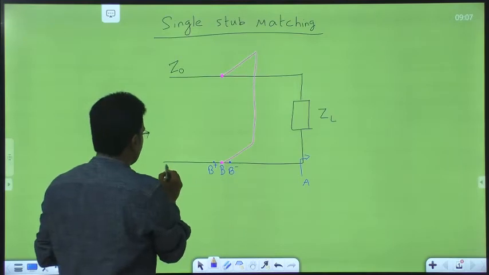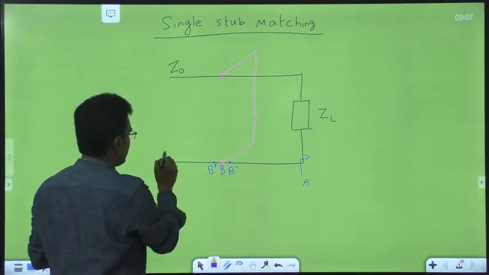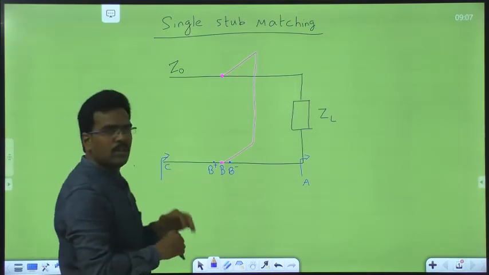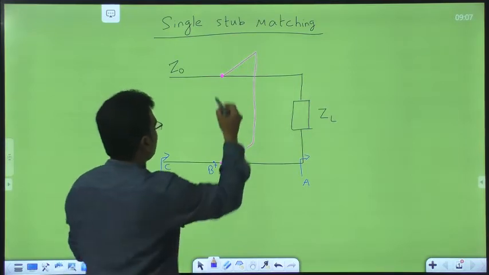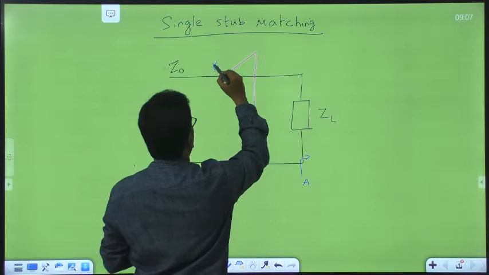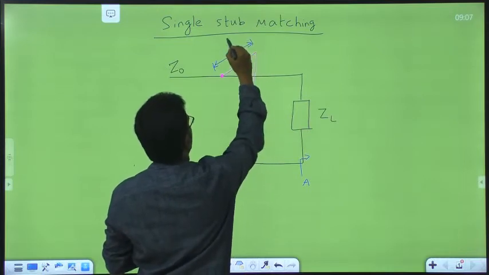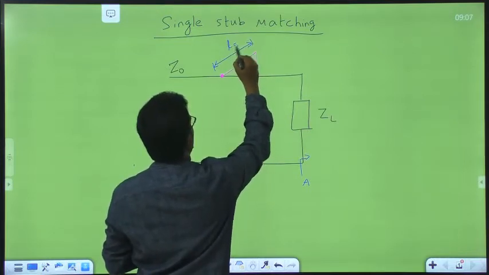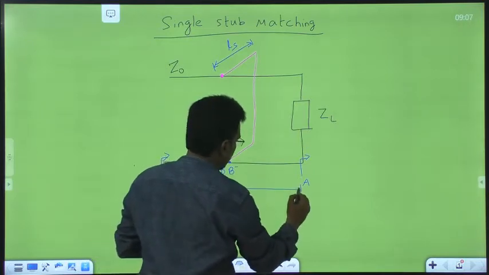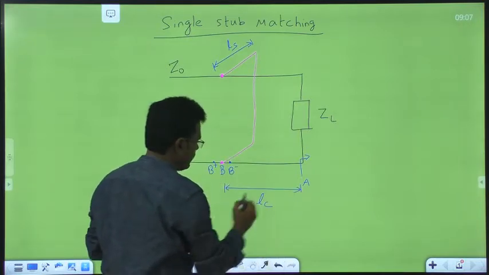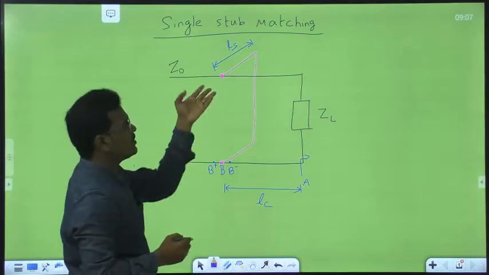And this is the C point, that is the input impedance at the source side. So what are the things to be measured here? The stub length, the location of the stub, and the stub admittance.